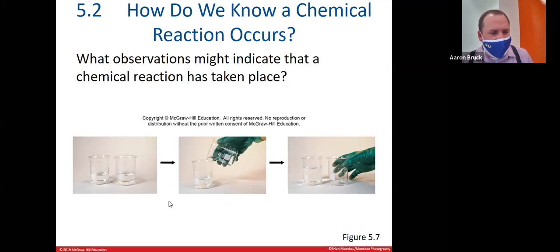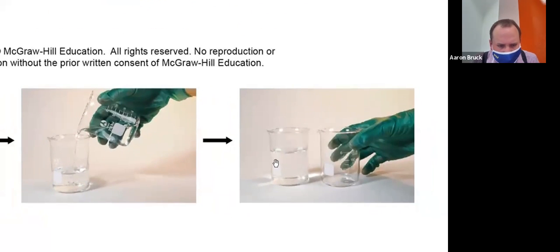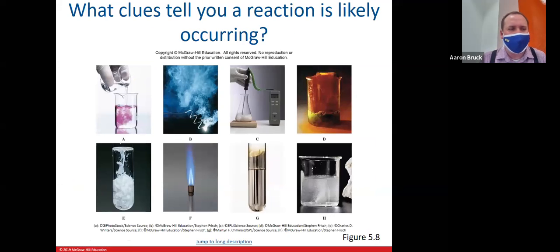And here I have combined the two together, and it's hard to see, but in this third panel, we have some bubbling taking place in the larger beaker. That's one of the telltale signs.